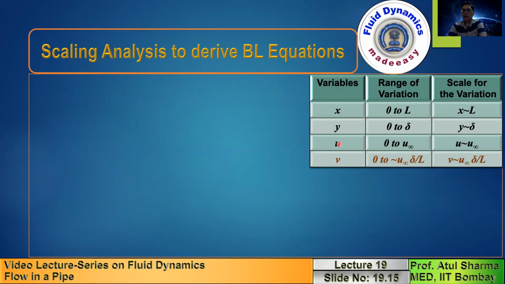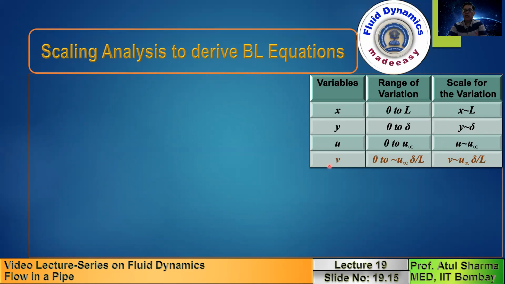The maximum velocity is u infinity, and inside the boundary layer the velocity varies from 0 to u infinity. So u is of the order of u infinity. At the start of the scaling analysis, we first obtain the order of magnitude of the various variables: x of the order of the length of the plate, y of the order of the boundary layer thickness, and u of the order of u infinity.